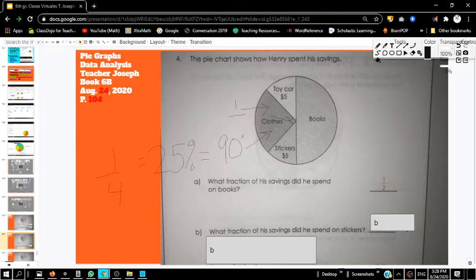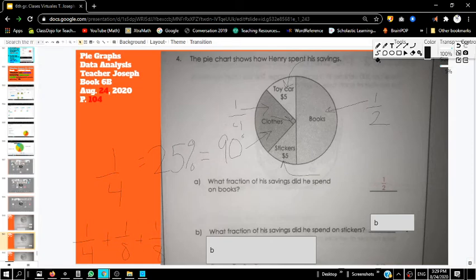Now, since I already know that clothes is 1/4 and books are 1/2, I can also determine the amount of stickers and toy cars as a fraction. Since books is 1/2 and clothes is 1/4, I know that 1/4 plus 1/8 plus 1/8 equals 1/2, because I can change those denominators to eighths.